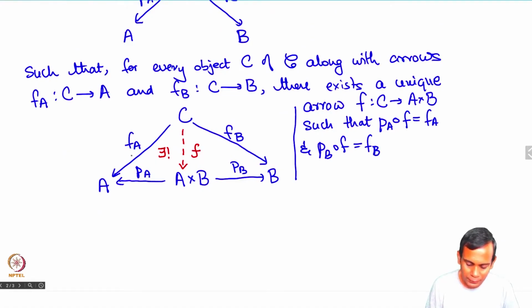So you can take a path and you can compose all the arrows along that path, and the resulting arrow from C to A is independent of which path you chose.